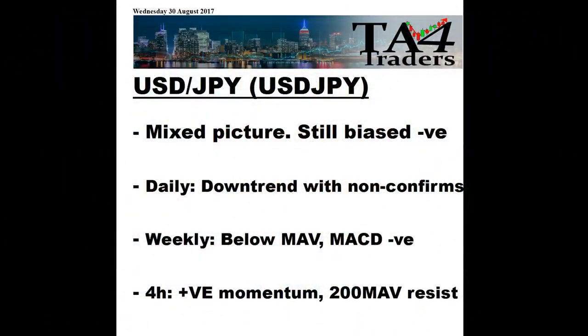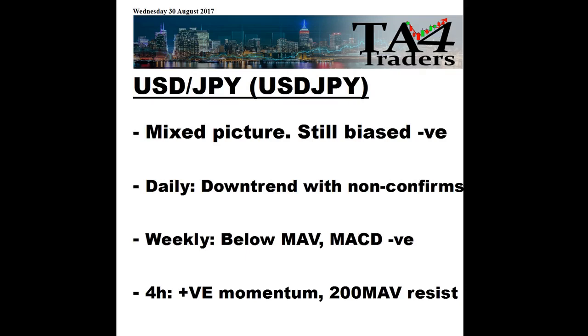So that's been TA for Traders looking at the US dollar Japanese yen charts. As I said, it is a mixed picture. I'm still biased towards the negative. On the daily, we're still in the downtrend, but there are non-confirmations being shown on the RSI. So mixed there.